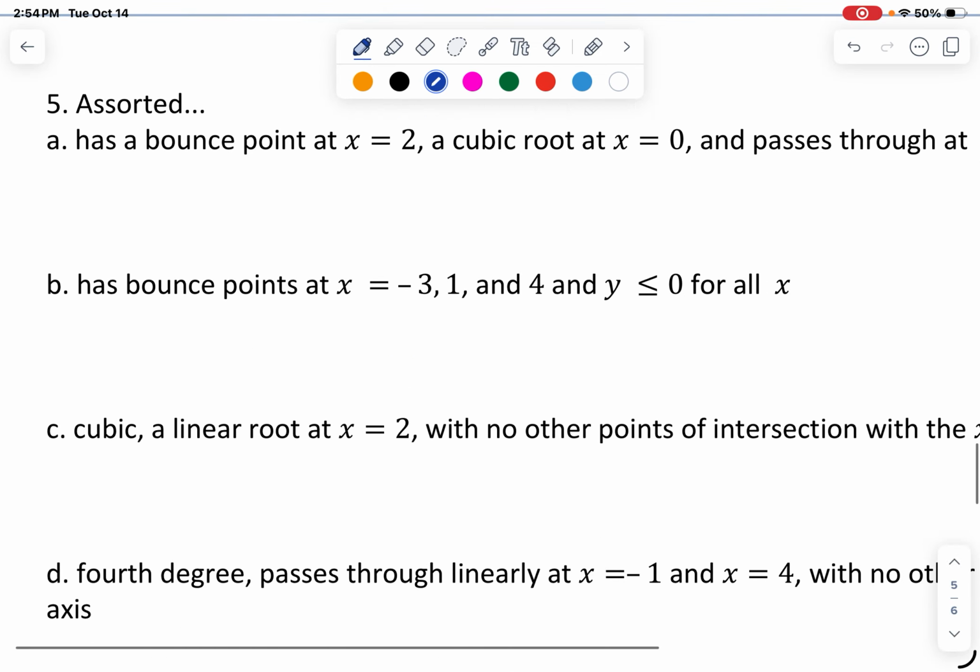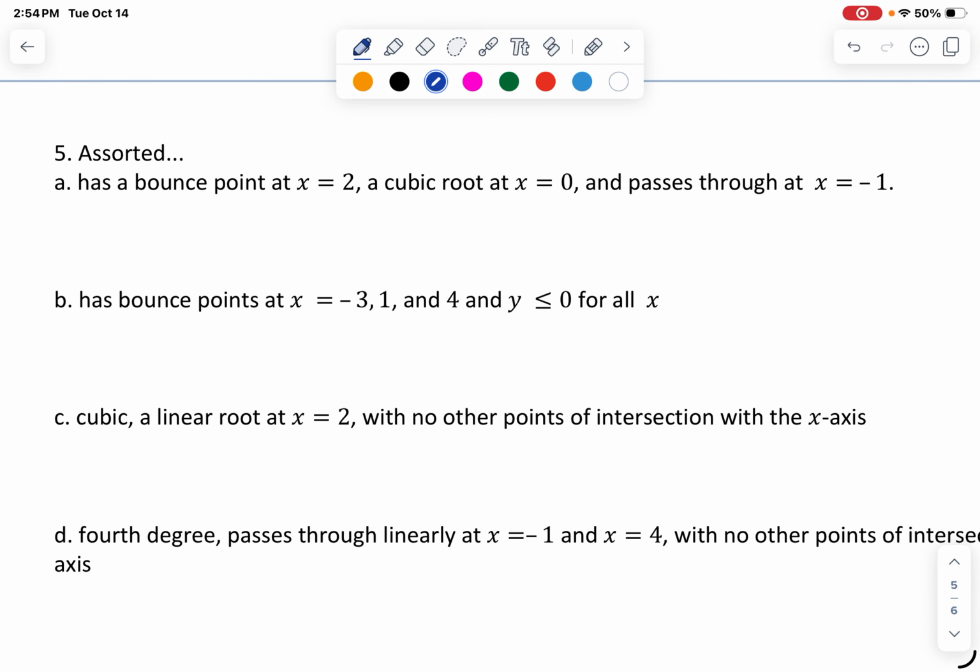All right, so here's an assorted, just a bunch of different kinds here. So y equals, a bounce at x equals 2, so x minus 2 is a factor. And if it's bouncing, I have to have an even exponent, so I'm just going to use 2, why not? Cube root at 0, so that's x to the third power. I'm going to write that in the front.